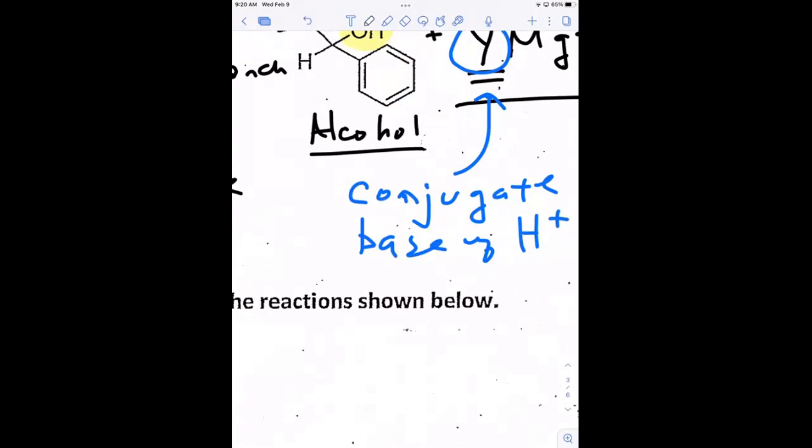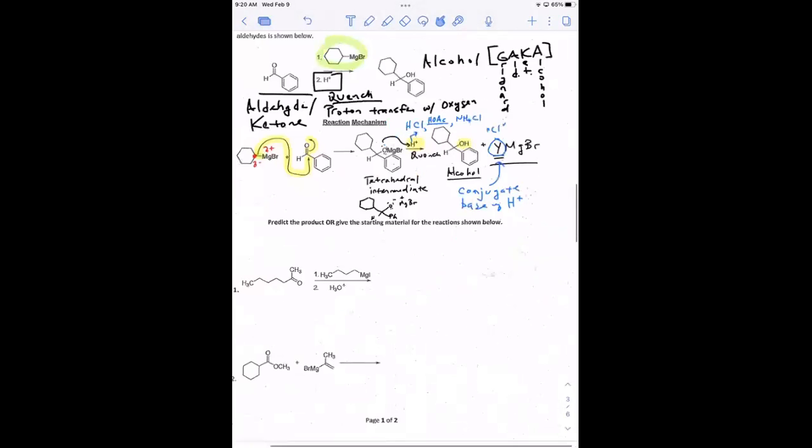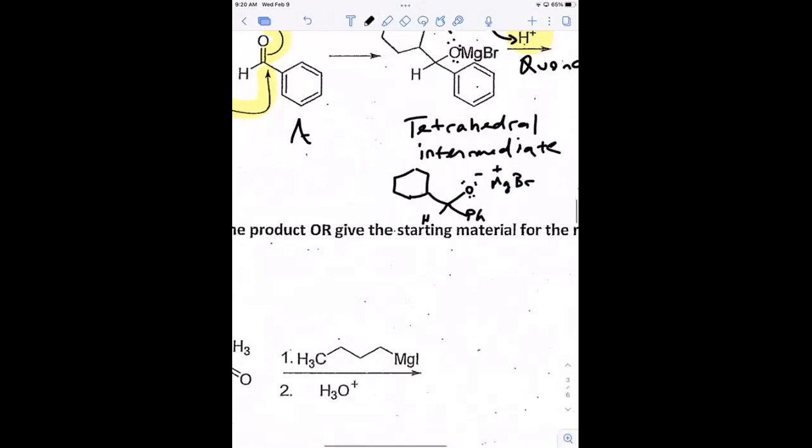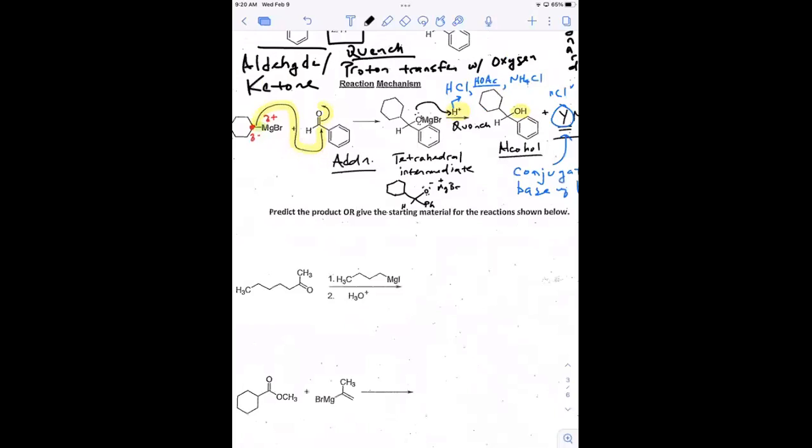All right, any questions about that? Right, so in that mechanism, again, the first step is addition. Remember, anytime you react a pi bond with some nucleophile, you get an addition reaction, because you're going to end up breaking that pi bond.